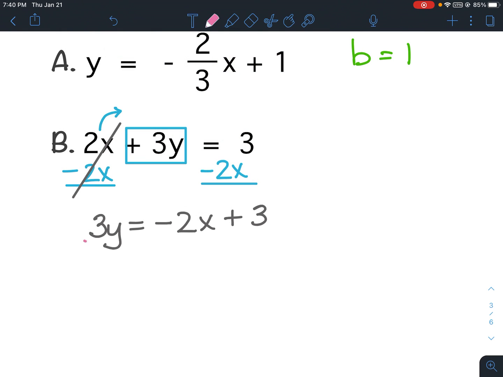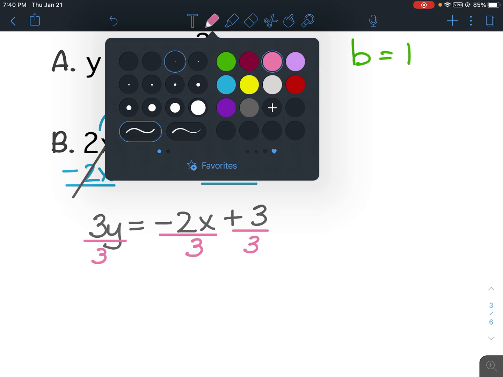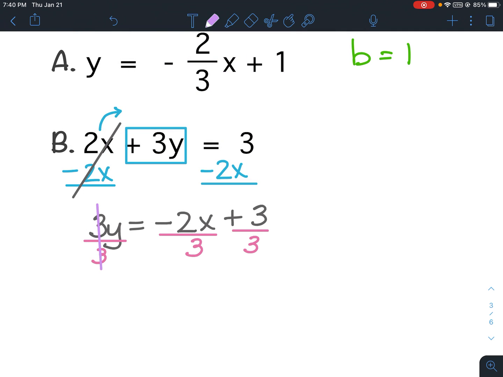Now I divide everything by the coefficient of y, which is 3. They would cancel. Negative 2 over 3 does not reduce, so it will stay negative 2/3 x.